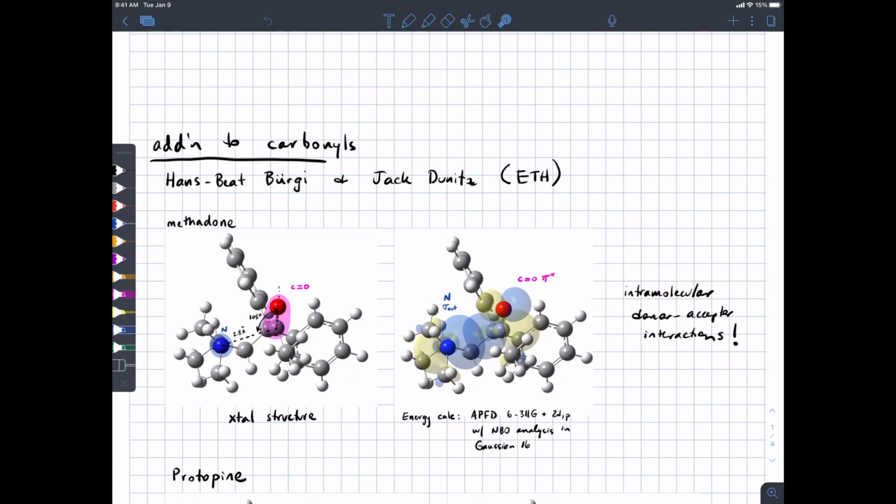In any case, these guys were crystallographers, and they started to analyze small molecule crystal structures. In particular, they were looking at examples where within the same molecule you had an atom that could be an electron donor, and then a carbonyl that could be an electron acceptor.